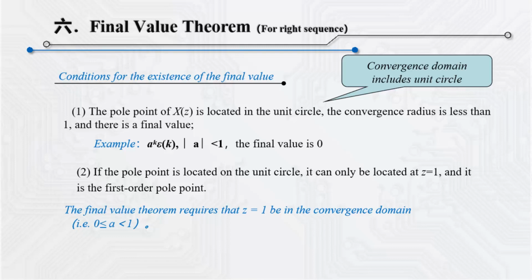In summary, the final value theorem requires that z equals 1 be in the convergence domain. Then it means that the poles must be inside the unit circle, that is, the pole magnitudes must be greater than or equal to 0 and less than 1.